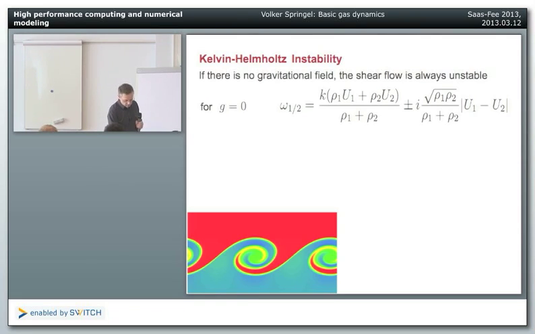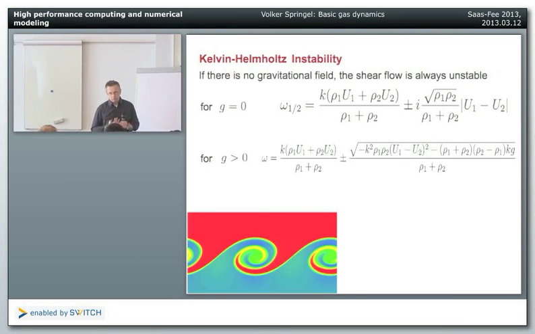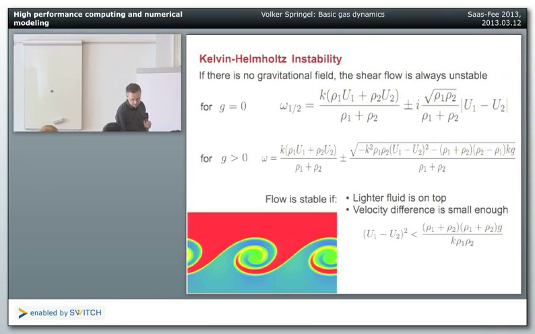But there is one case where you can stabilize a shear flow, for example, by a gravitational field. If we have a gravitational field, the story is different. We'll have to look at the full dispersion relation, and then you find that you will have stability if, in this case, the lighter fluid is on top. Otherwise you're Rayleigh-Taylor unstable. So for stability, you need that the stratification of the density is in line with the gravity. And secondly, that the velocity difference is not allowed to be too large.